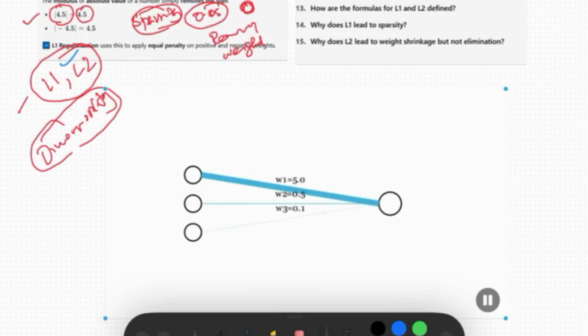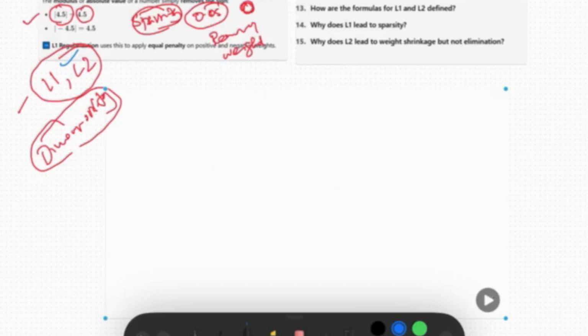In this diagram we can see 3 weights, which are W1, W2 and W3, right? W1 is 5.0 and W2 and W3 have 0.5 and 0.3 respectively. I want you to note what happens with W1 and what happens with W2 and W3.